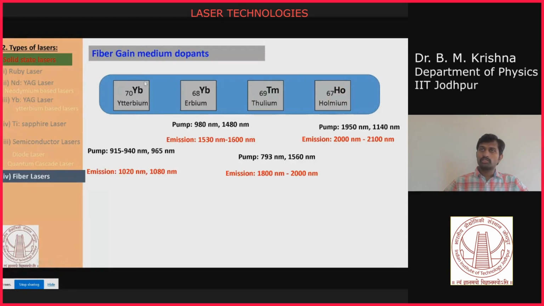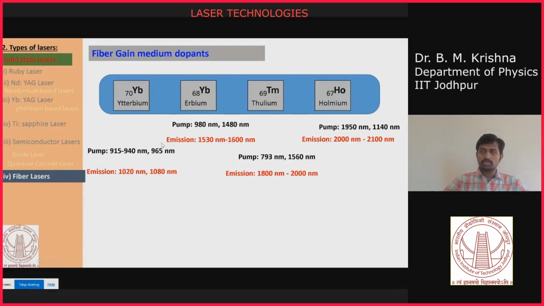So these four are the main dopant materials for fiber lasers. There are others, but these are the best and most reliable outputs we have got so far with high powers. So now you have the near IR region, almost 1000 nanometers to 2100 nanometers.